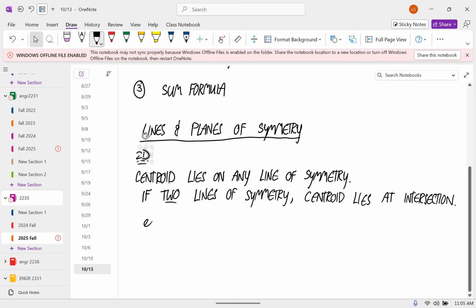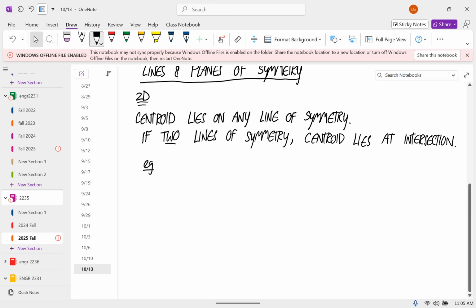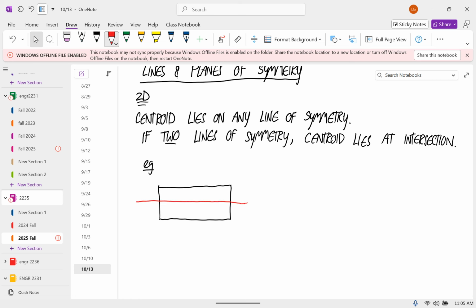So for example, a rectangle: this is a line of symmetry, and this is a line of symmetry, and so the centroid has to be at their intersection.